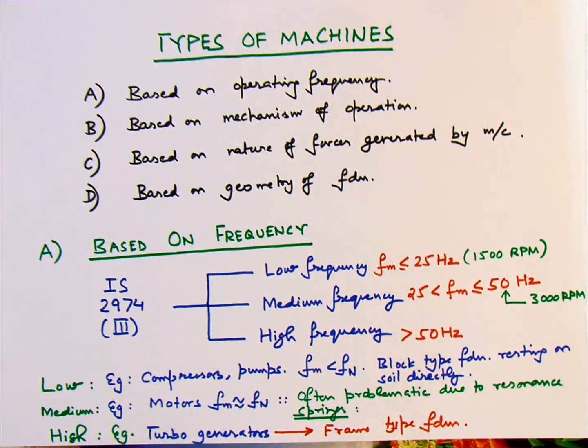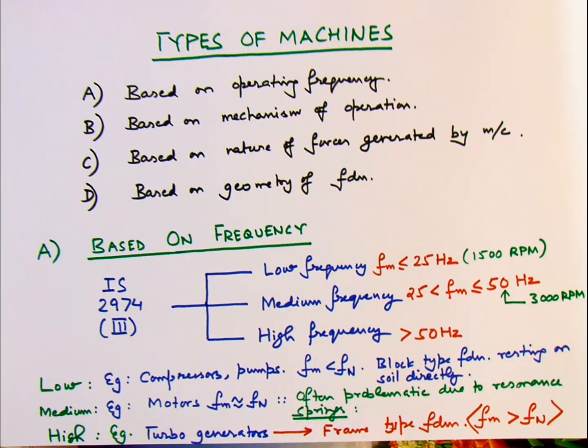So these machines require frame type foundations. Their operating frequencies are generally higher than the natural frequency of the foundation soil system. Hence, these machines face momentary resonance during switch on and switch off process.